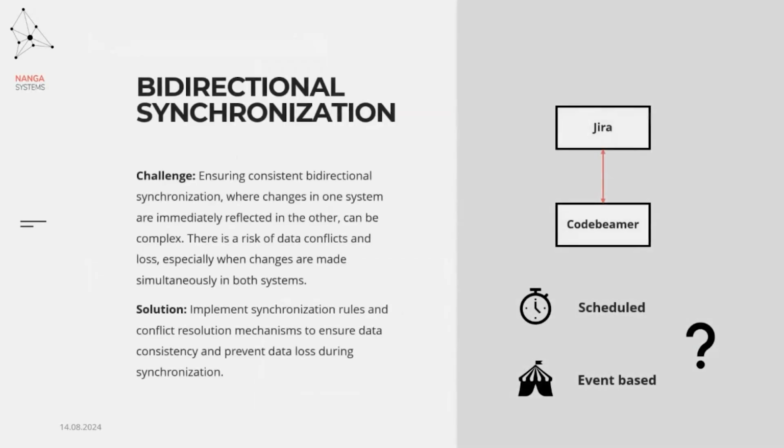The next challenge is bidirectional synchronization. In the first step, this sounds easy. You want to have your data from Jira in Codebeamer and the other way around. But that's not so easy when you look at changes which are made simultaneously in both systems. So imagine user one added a ticket or a user story in Codebeamer and the same or a referenced user story in Jira at the same time.